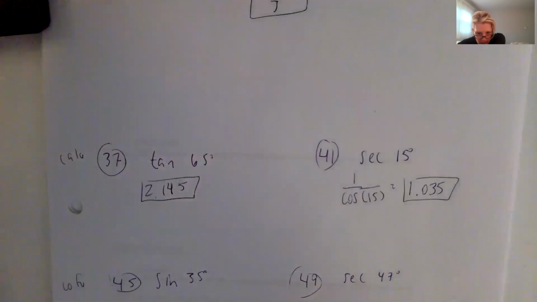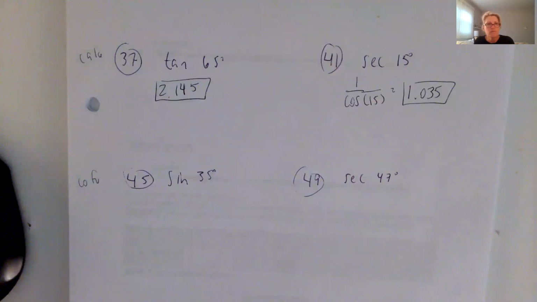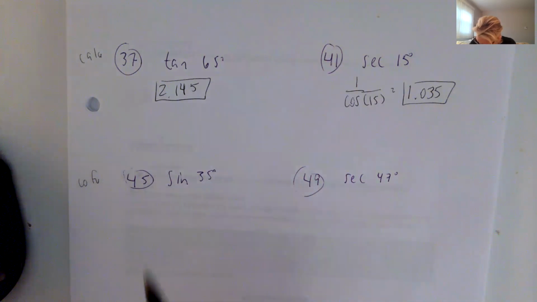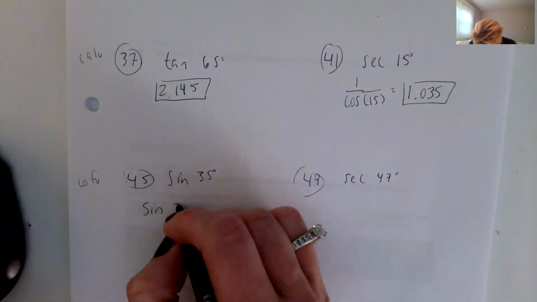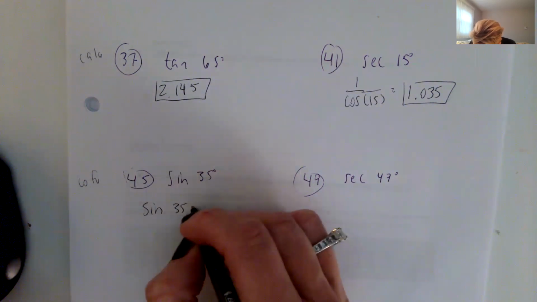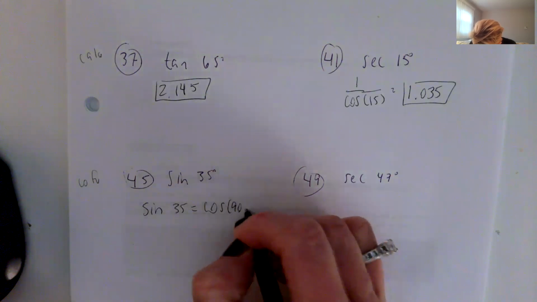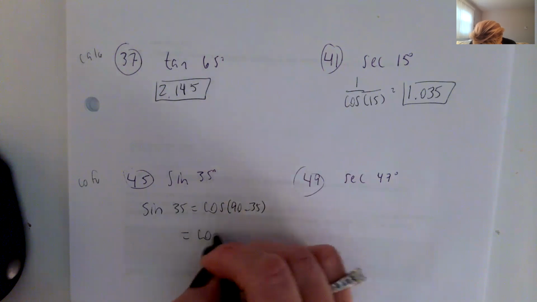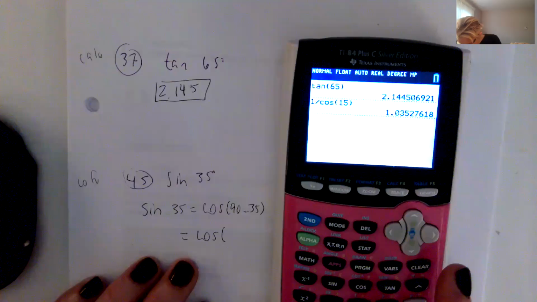Numbers 45 and 49, they find the cofunctions of these. So we said that sine of 35 should equal the cosine of 90 minus 35.